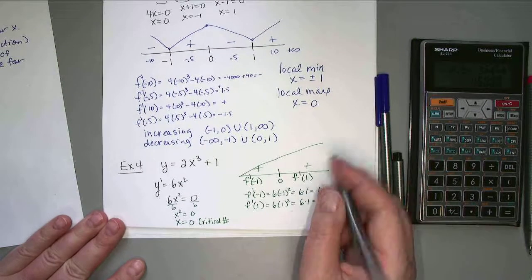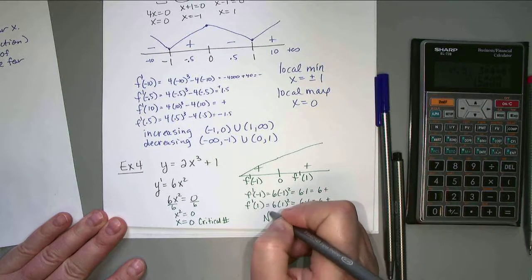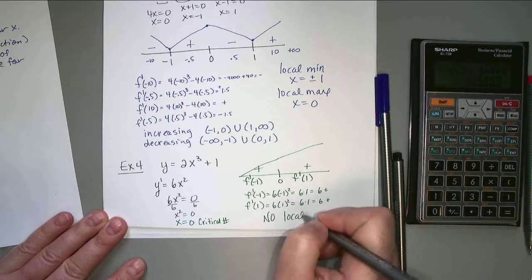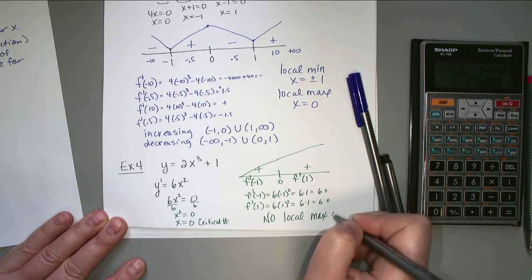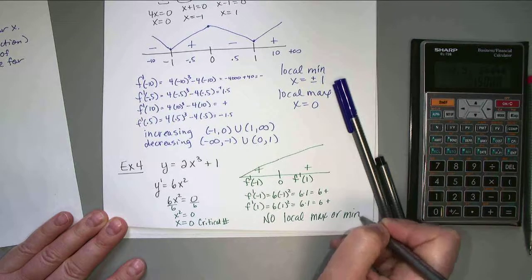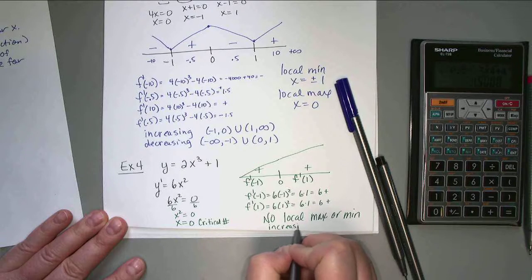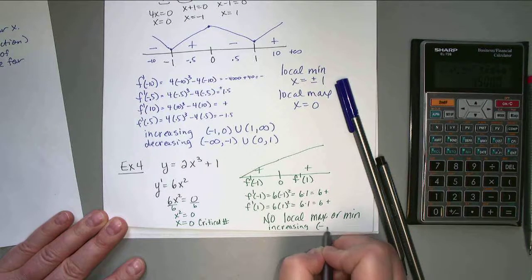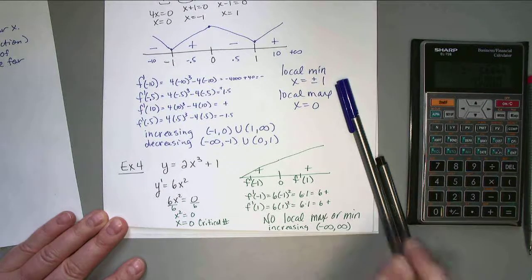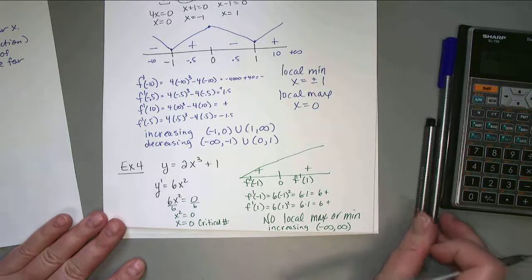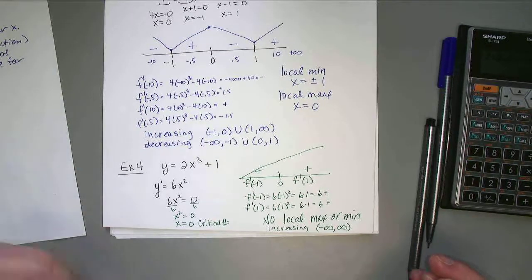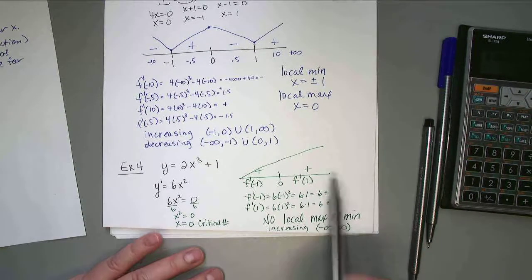So this is no local max or min. And if we wanted to write the interval that it's increasing, it's always increasing, so it's increasing from negative infinity to positive infinity. Okay, so you can have that situation.